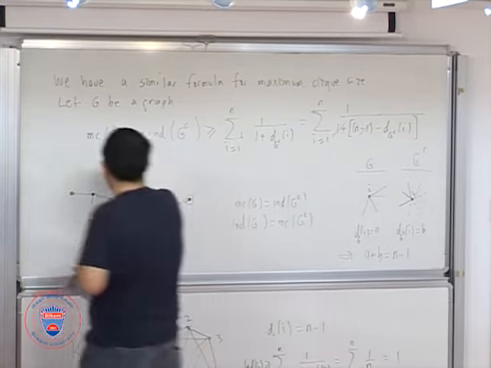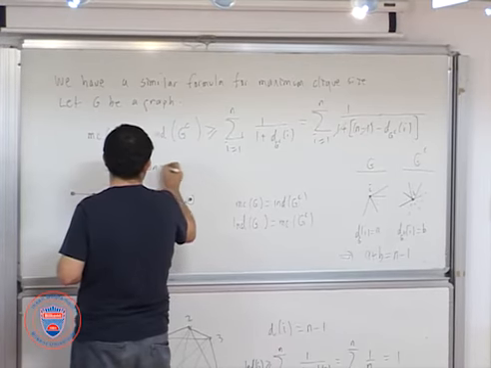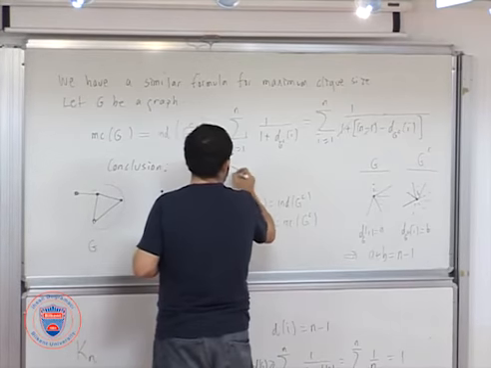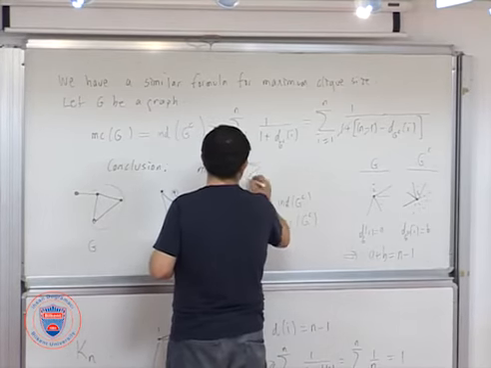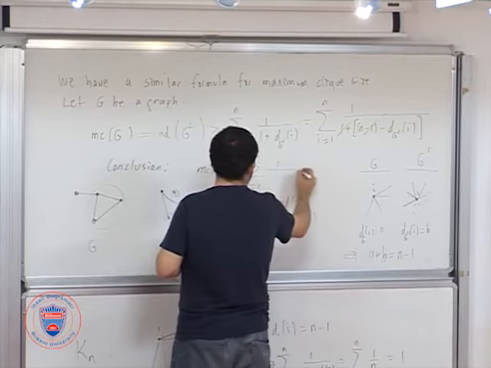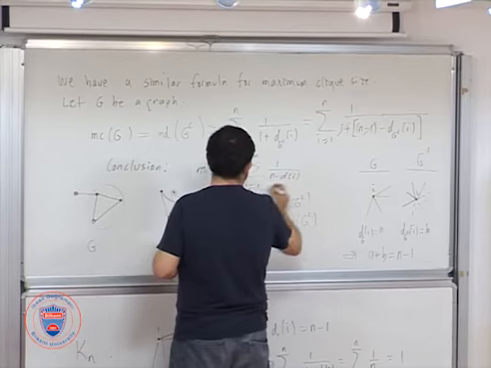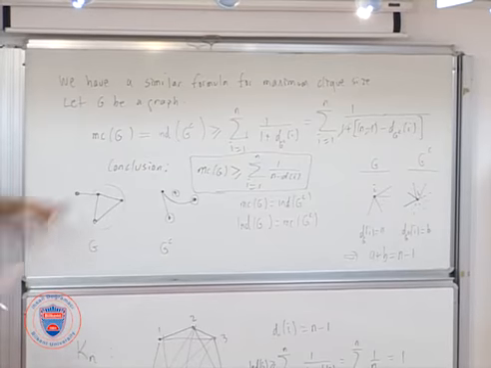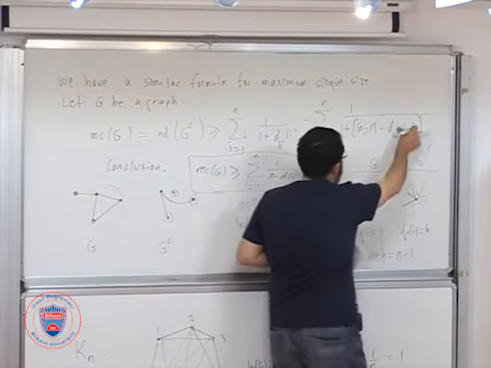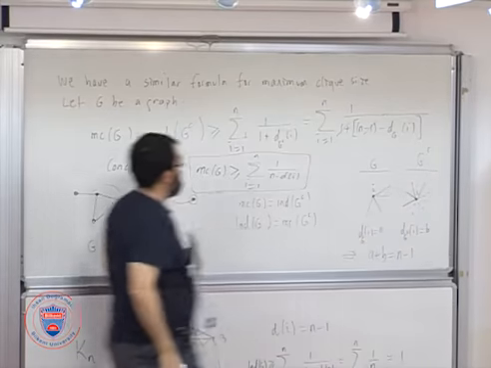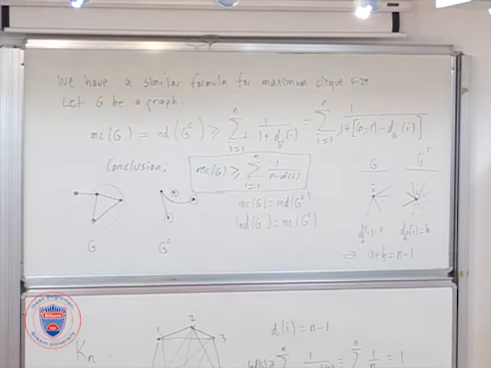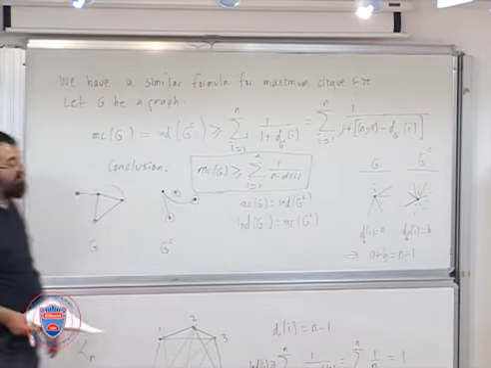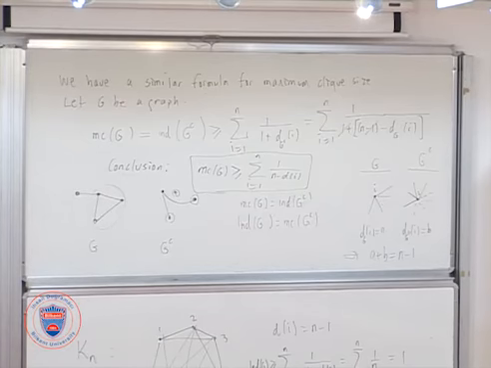So the conclusion is this formula: the maximum clique size of G is bigger than or equal to the sum over the vertices of 1 over N minus d_i, where d now refers to the degree in the original graph G. Here the formula was 1 plus d_i. Here the formula is 1 over N minus d_i. So it's very similar, but slightly different.